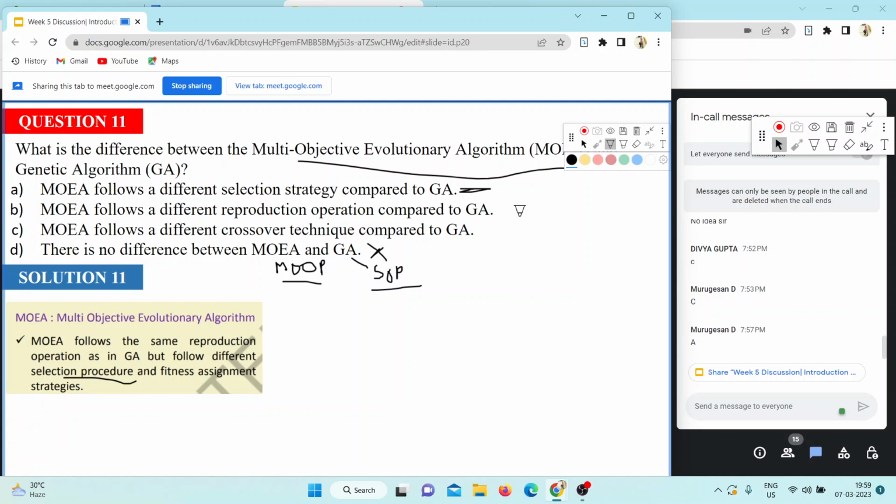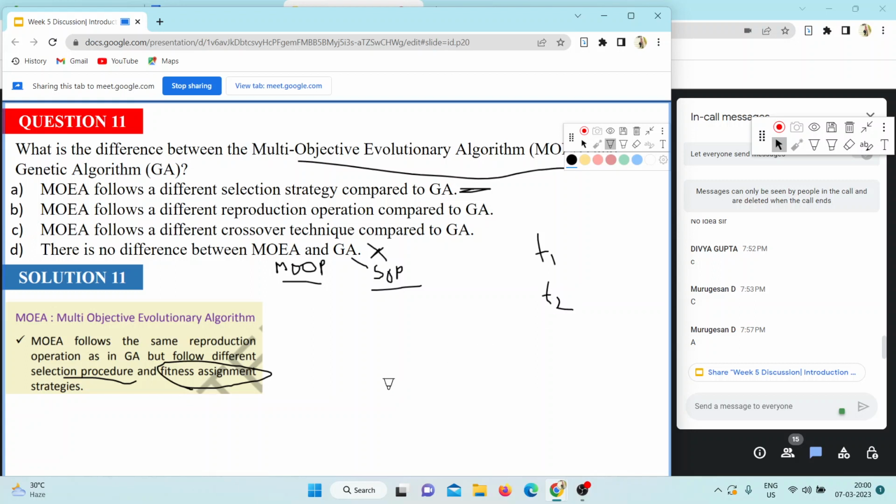So for this, our fitness assignment, actually selection assignment, is changing, because we have different fitness values for different objectives.